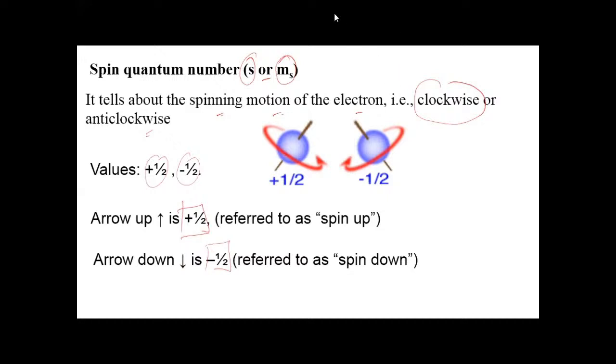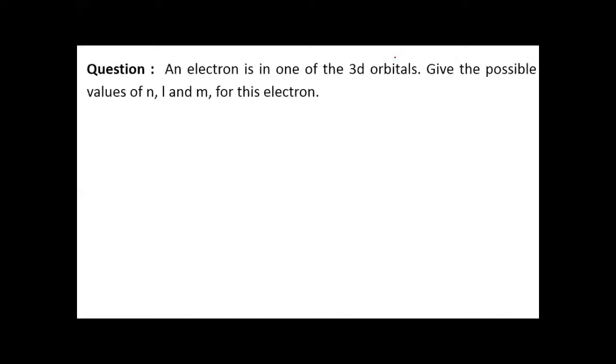The question is, an electron is in one of the 3D orbitals. Give the possible values of N, L and M for this electron. The answer for the 3D orbital: here 3 is the value of N and D subshell is involved.